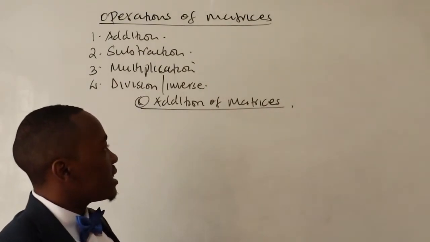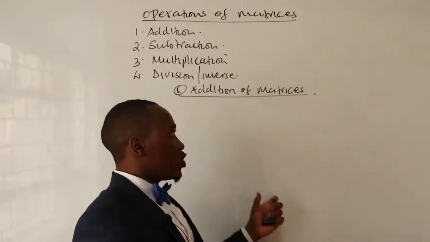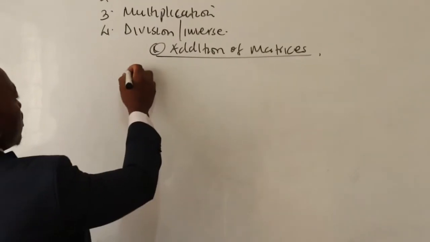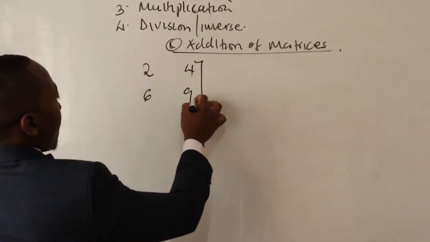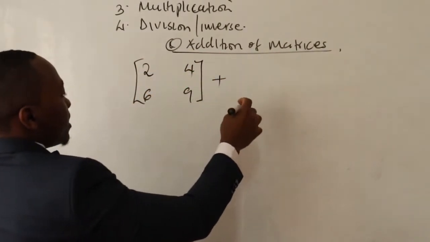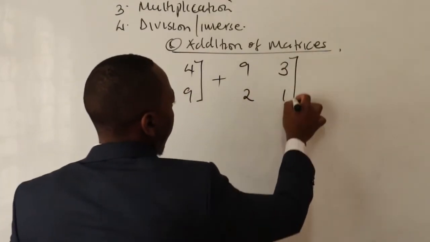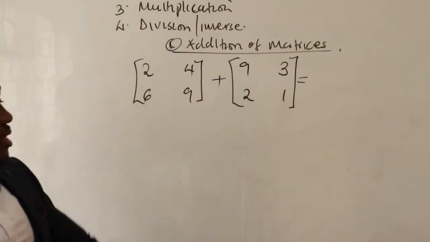For the order of matrices, sometimes they have to be compatible. So, for example, we are doing addition of matrices. You are given 2, 4, 6, 9, and you add 9, 3, 2, 1. So what's the answer there?